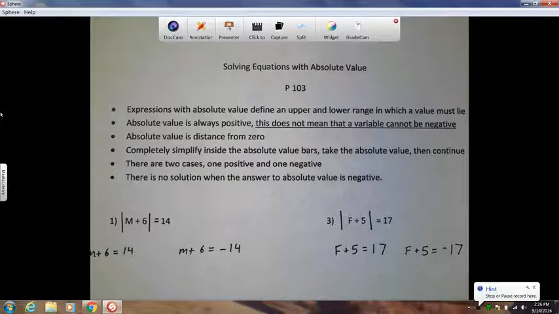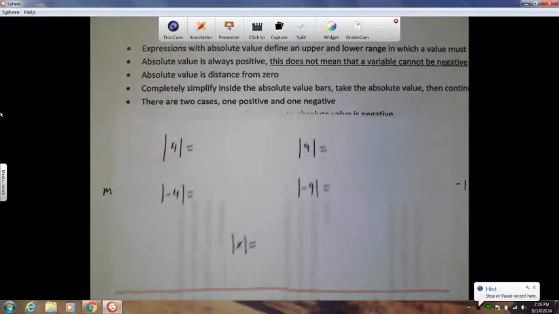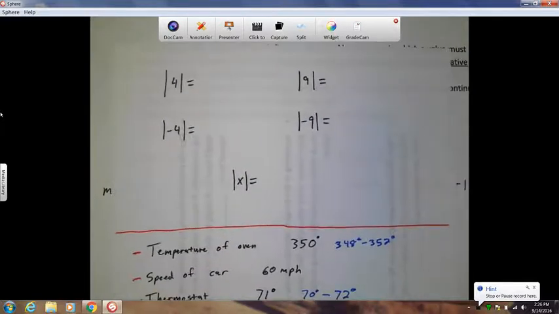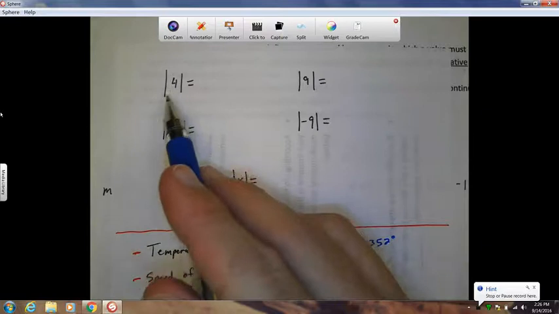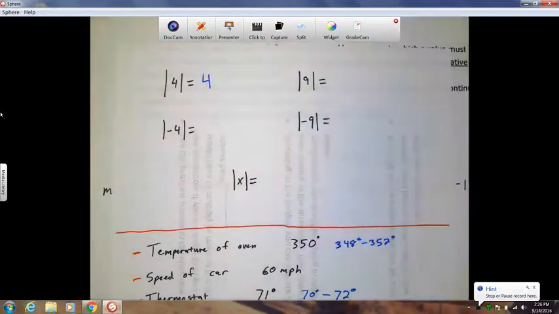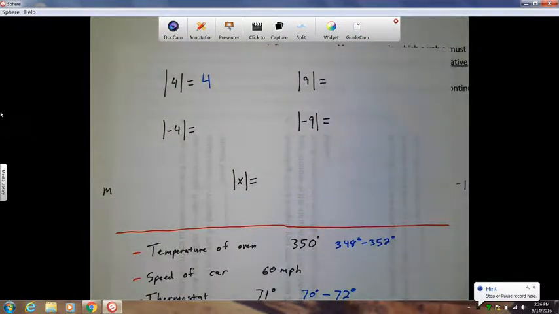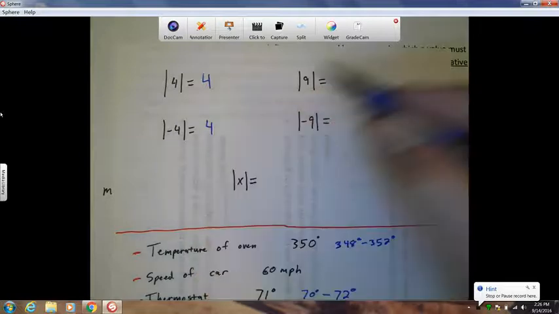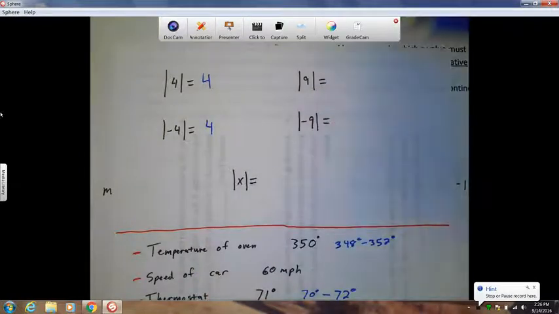Here's an example. Let's say I'm looking at the absolute value. I want to know what's the absolute value of 4. So the absolute value of 4 would be 4. 4 is 4 spaces away from 0. What about negative 4? Well, that's also 4. Both of these are 4 places away from 0.